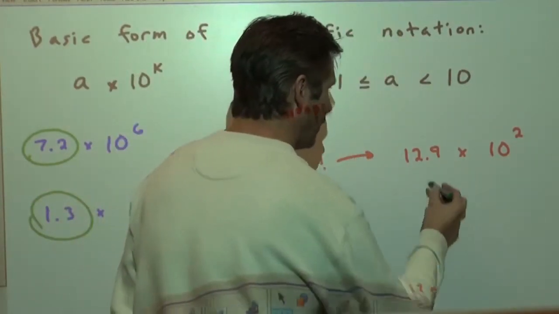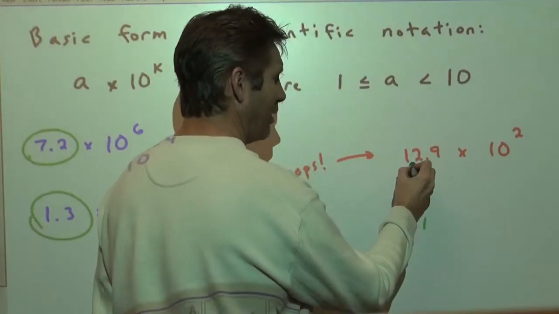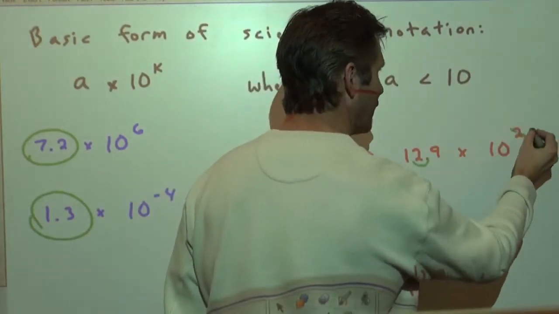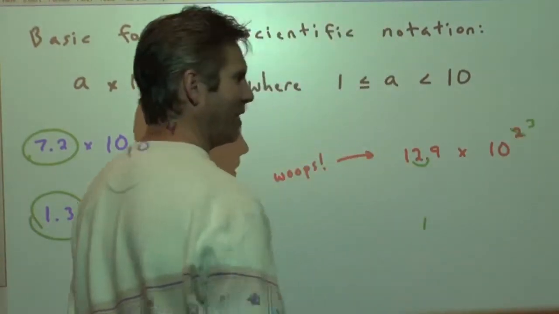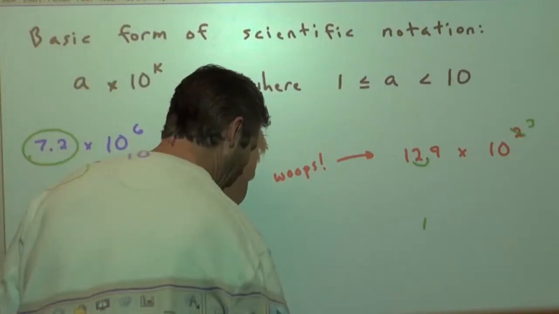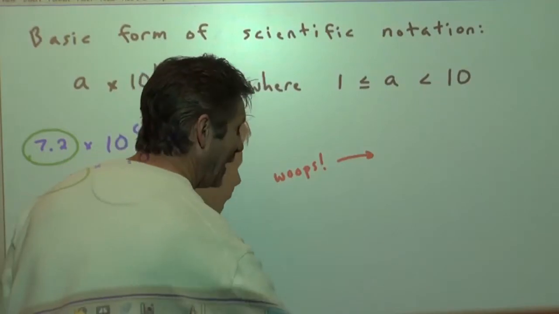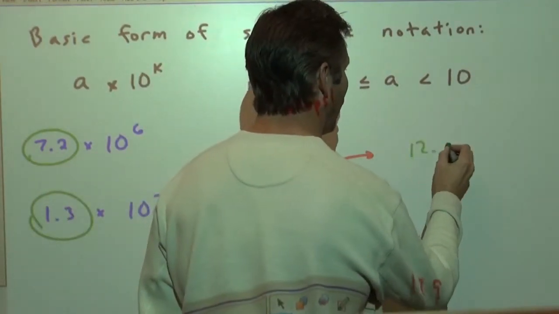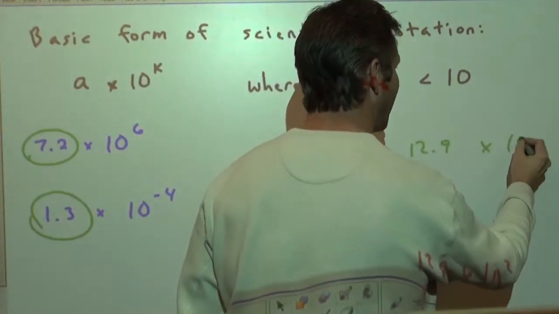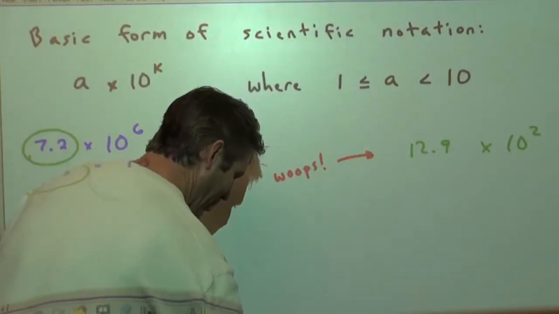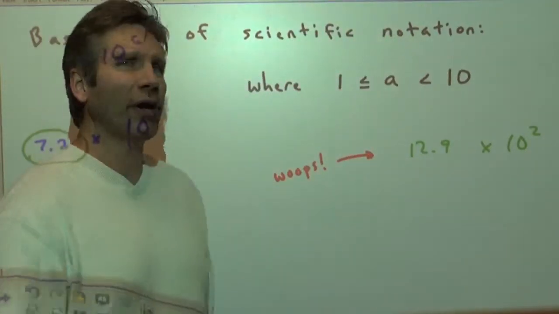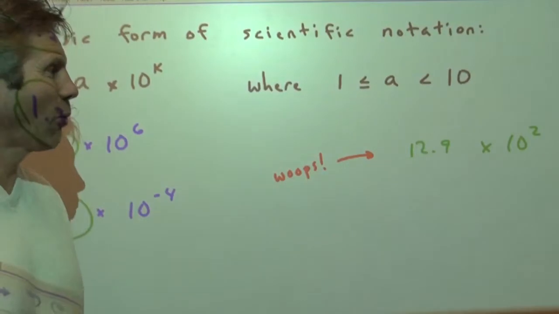Now check this out. If we're going to move this decimal 1 place to the left, we have to compensate by increasing this power by 1, so make it 10 to the third. But why did that work? Okay, so let's do this. Let's say we had 12.9 times 10 to the second power. And I love it if we can remember that the most important number in all of mathematics is the number 1.